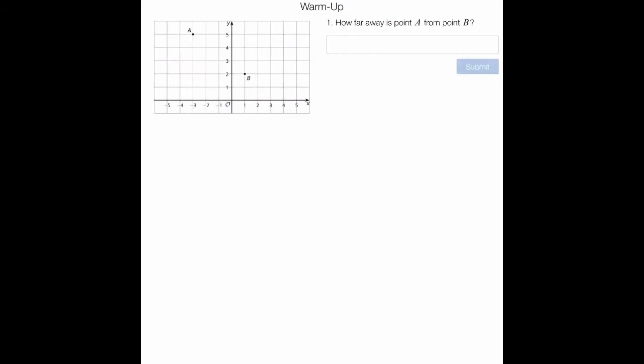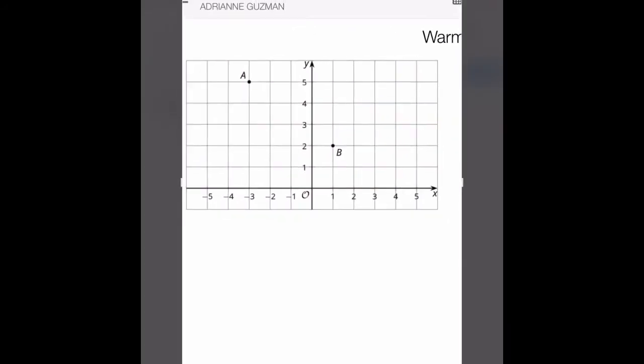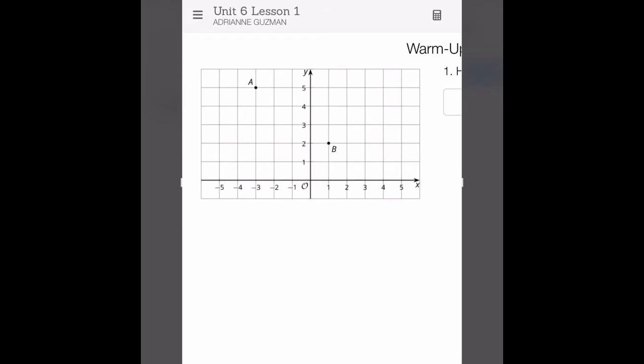Let's go to the next slide. The warm up. It says, how far away is point A from point B? Now, let's zoom in on this graph for a second. They want to know, how far away is point A from point B? Well, if you already have an idea, by all means, but I'm going to give you a little tip here.